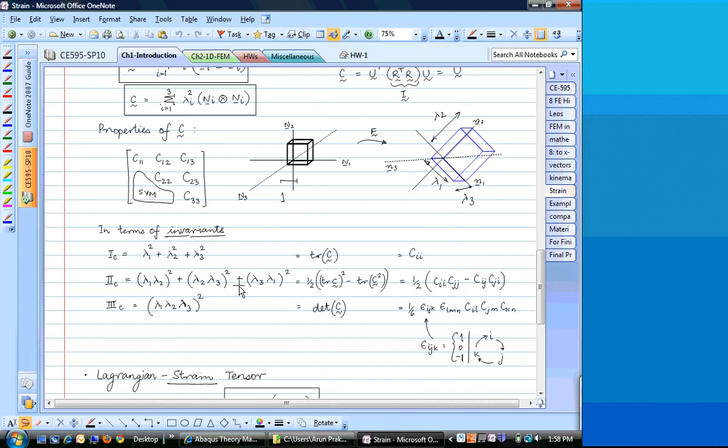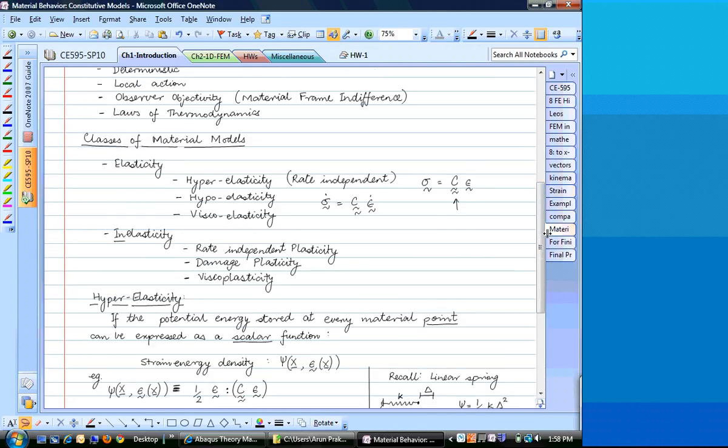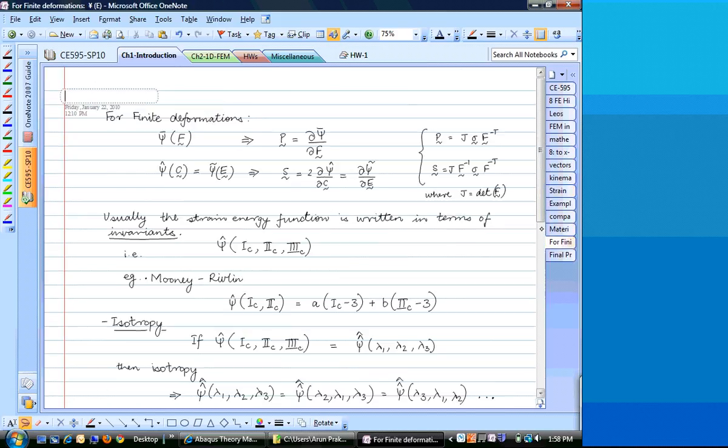But if all of them are 1, then this is 1 square plus 1 square plus 1 square, this is also 3. So again, under no strain conditions, the second invariant would also be 3. So this term would also go to 0 under no strain conditions, and you would have the strain energy density be equal to 0.